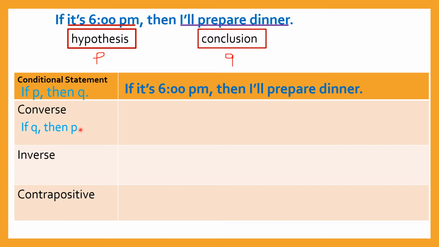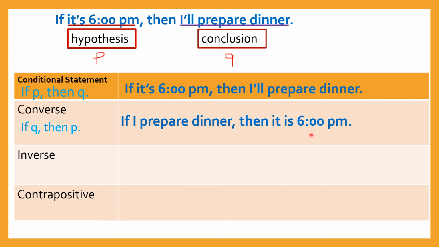So what is our Q? I'll prepare dinner. So that would be the hypothesis. If I prepare dinner, then it is 6 p.m. Now, what about the inverse? The inverse is simply the negation of the conditional statement. What do you mean by negation? The statement becomes negative.